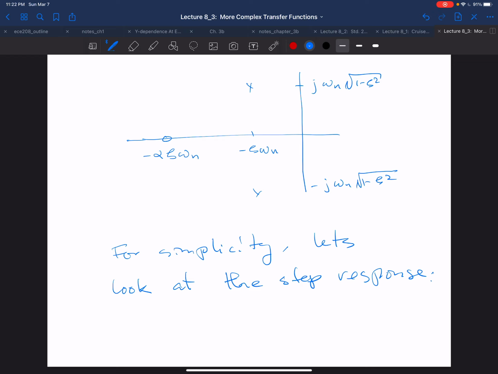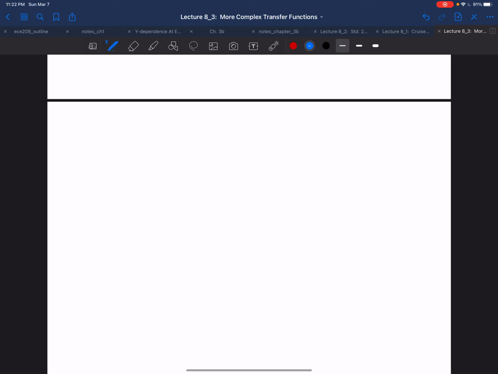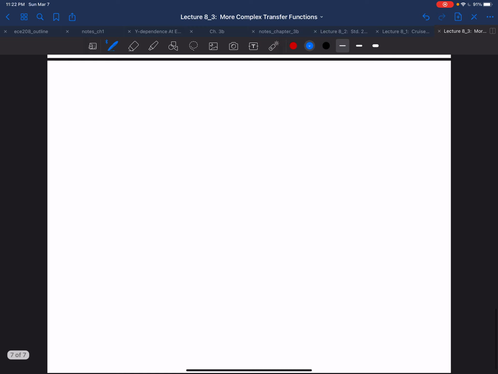So as always, we get the step response by multiplying the transfer function by 1 over s. Our transfer function in this case is Hz(s).